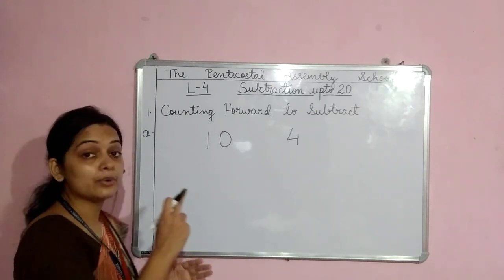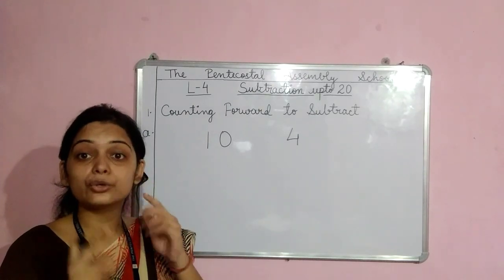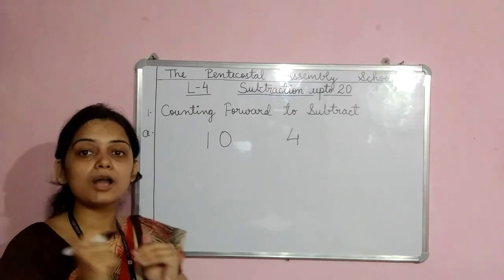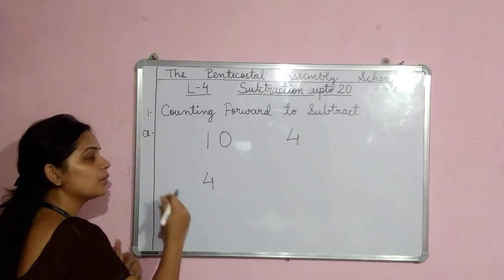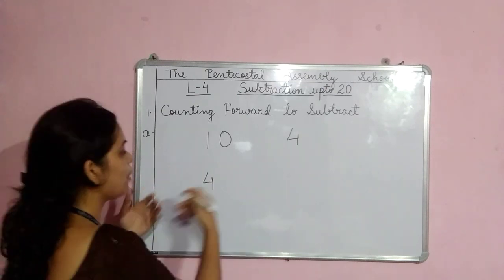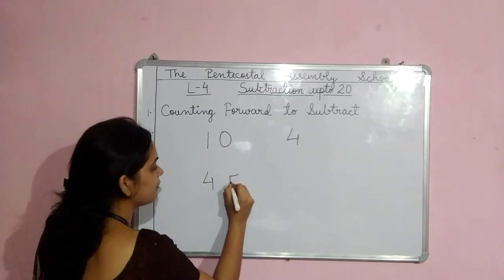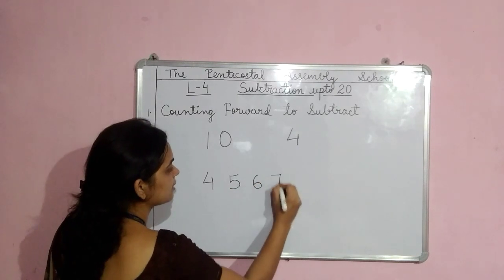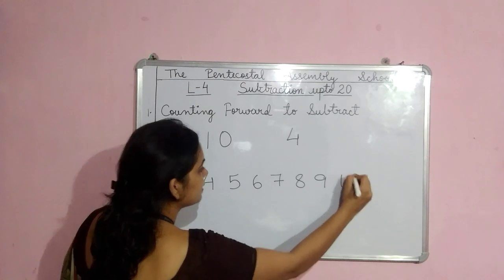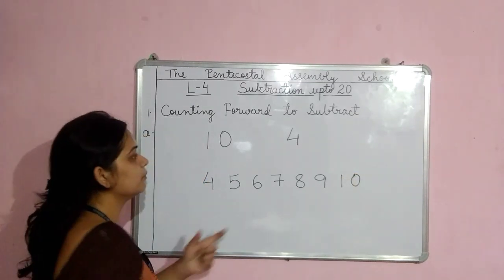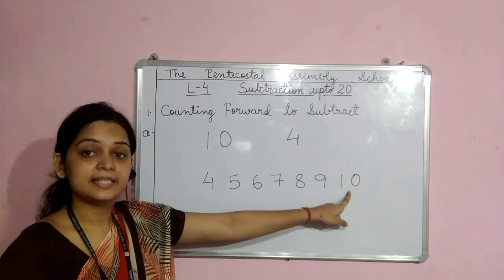Now in counting forward, I told you, you have to start from the smaller number. So I will write the smaller number 4. Now we'll count forward. After 4, what will come? 5, 6, 7, 8, 9 and 10. We have to reach till 10.